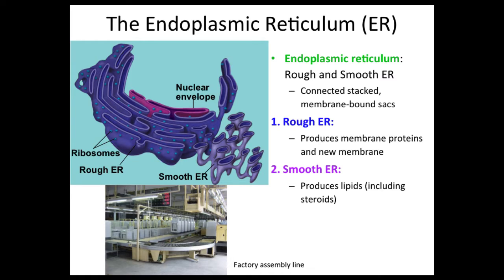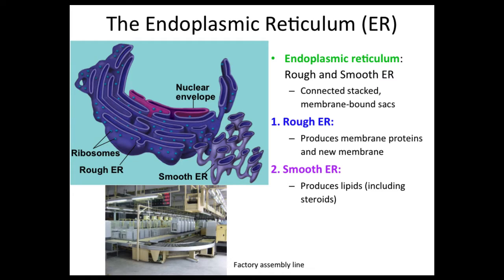We think of the endoplasmic reticulum as the factory assembly line. In our factory, this is where we're going to put together important products that are used throughout the cell. The endoplasmic reticulum is composed of 2 parts, the rough ER and the smooth ER. The rough ER produces membrane proteins and new membranes, and the smooth ER produces lipids, including steroids.